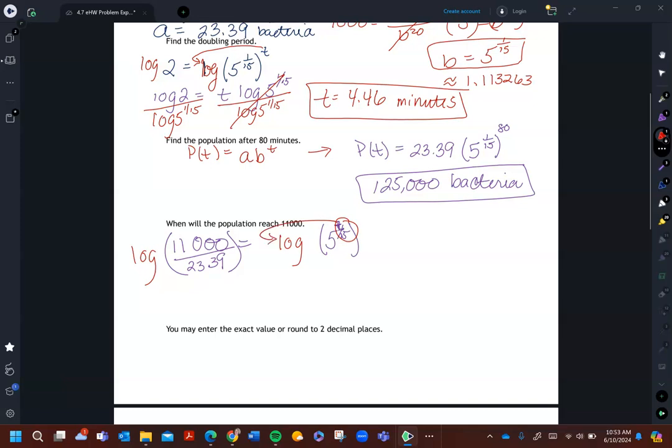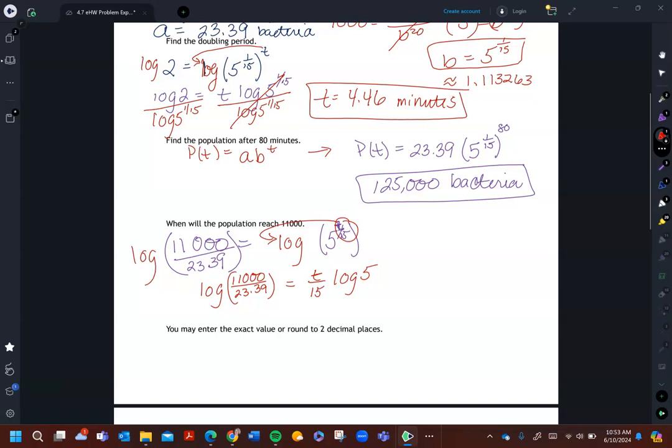So you just have to be a little careful here when you're writing this. So you have log of 11,000 over 23.39 in parentheses equals, and that's going to come down T over 15 log 5. Don't forget to write the log.